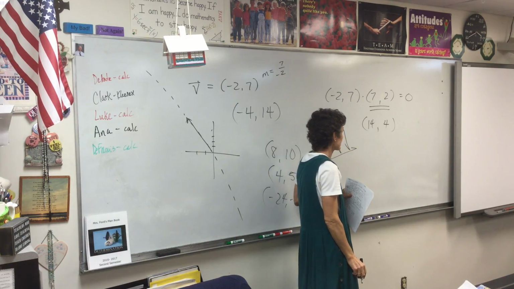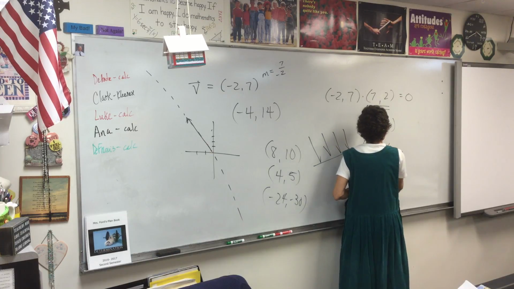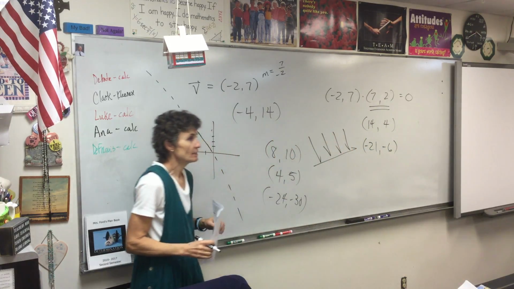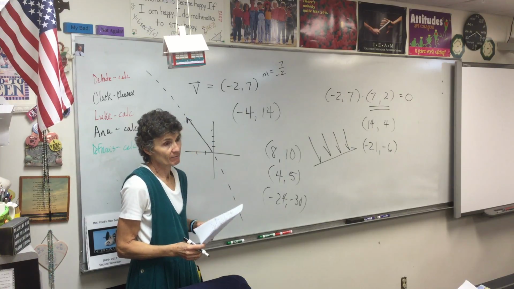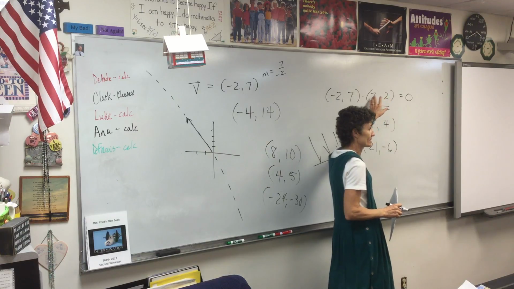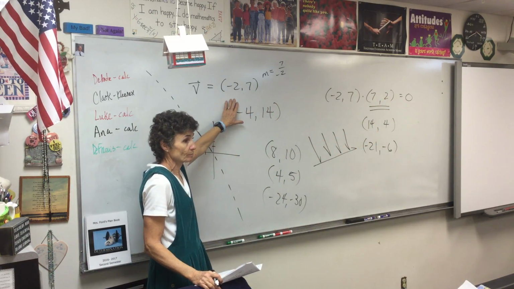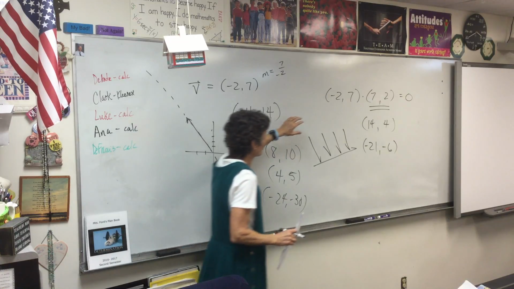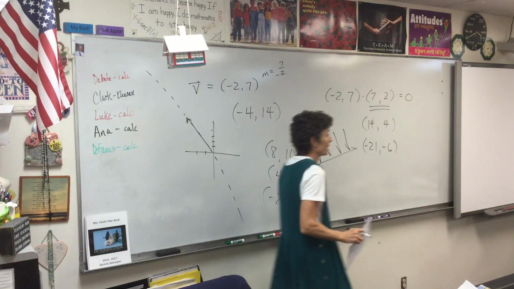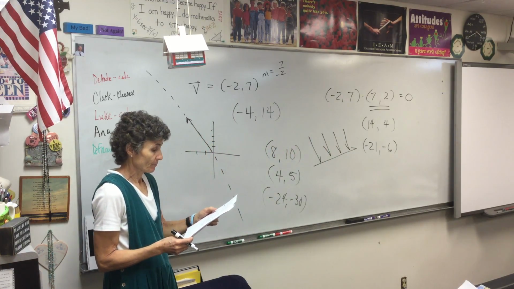Yep, because it has that slope. How about this one? Would that one be an orthogonal vector? Yep, there are infinitely many of them. Any vector whose slope is 2/7 is going to be perpendicular to this one. The dot product, x times x, y times y, has to add up to be 0. And there are lots of those.